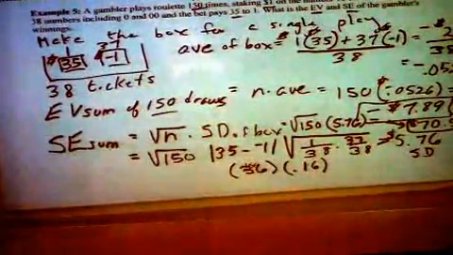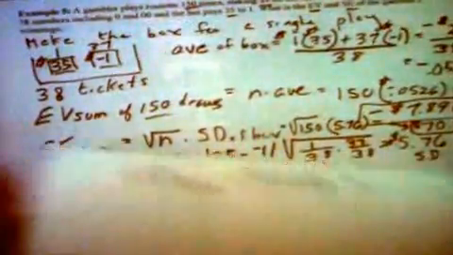You want to know what the expected value of the sum of your draws is. And we did n times the average of the box. All the calculations are here, and I'm just going to simplify it, we ended up getting this number.